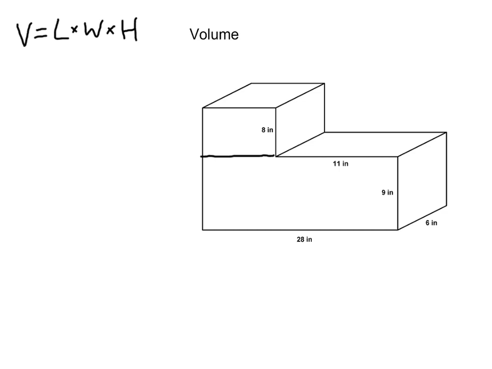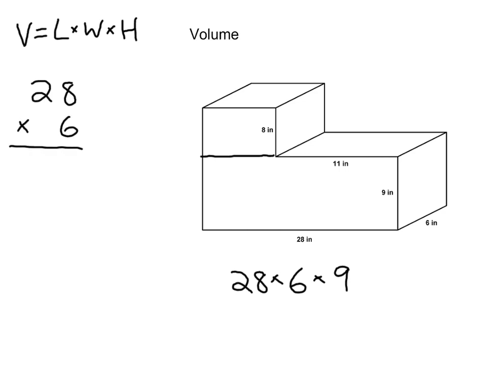So for the bottom box, I see that the length is 28, the width is 6, and the height is 9. Length times width times height. So we'll multiply these together. 28 times 6.